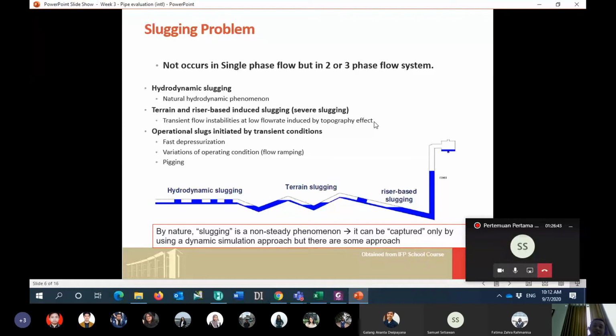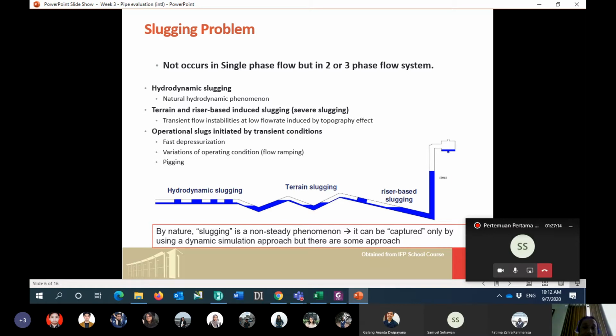And there is one condition where we cannot avoid the slugging problem, which is when we have the pipeline from the well to the plant. There will be no separation there, because the separation is conducted in the plant. The fluid coming from the well is usually 3-phase fluid: there is a gas, there is a light liquid, and also heavy liquid.